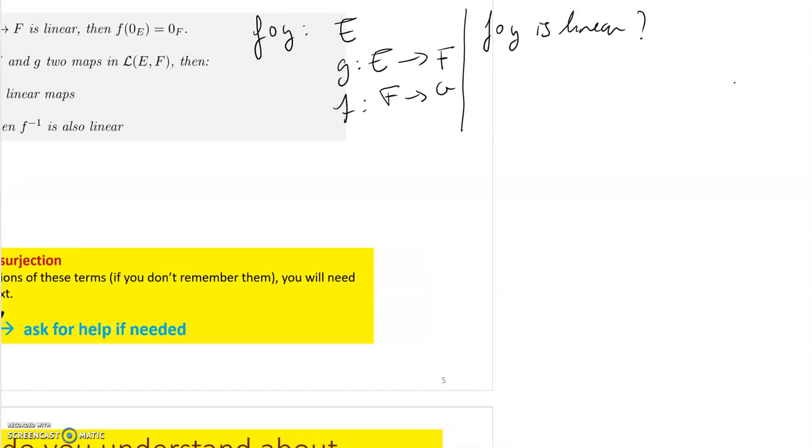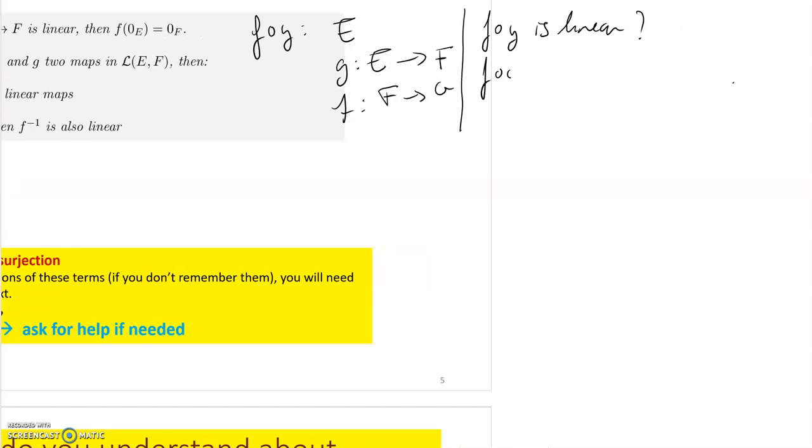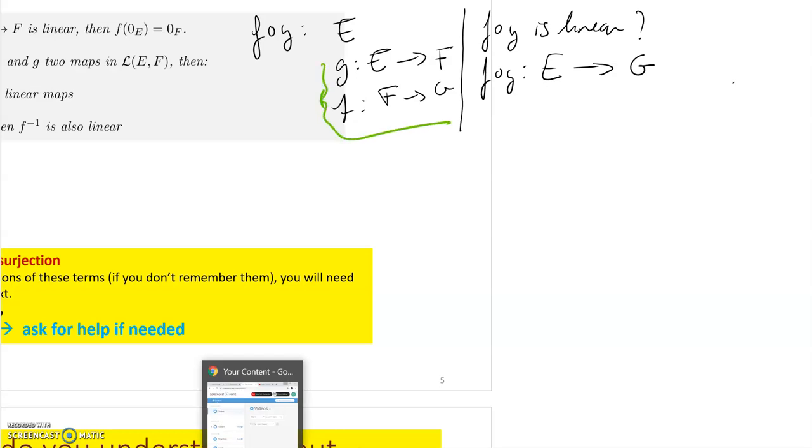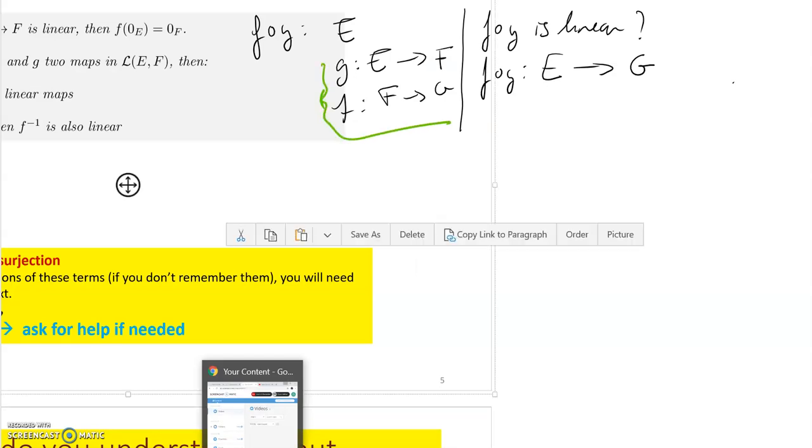So what does it mean? It means that F composed with G goes from set E and has image in a set G according to the chain that we established here. Okay, so we've got some kind of chain here. Right. Okay, so let's do that.